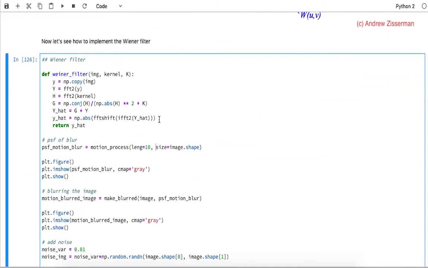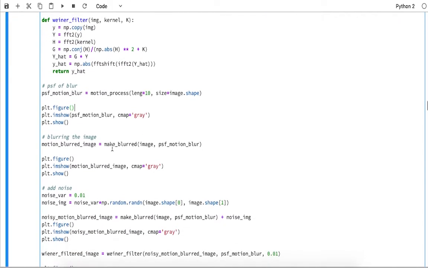So let's see how this performs. Then we invert it, and then we align it with FFT shift, and you get the final Wiener filtered image. Again, I'm taking the motion process where I'm moving my camera along one axis with length 10.